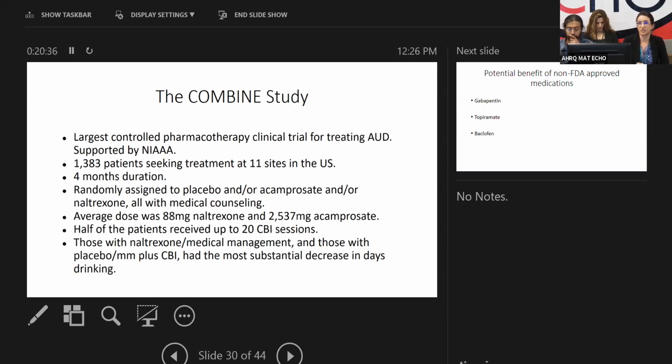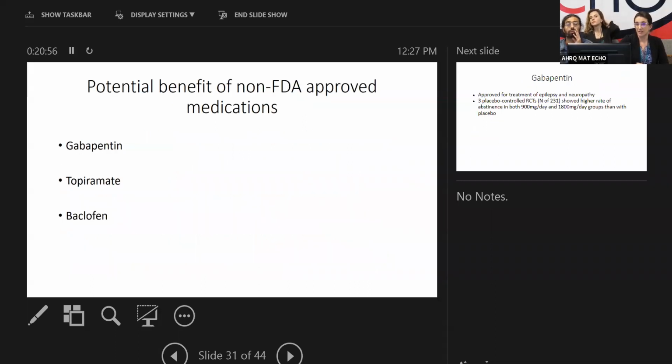And what it really showed was that naltrexone alone, within the context of the medical visit, and cognitive behavioral with placebo had the most substantial decrease. And so this was a good evidence that providers in a primary care setting can prescribe this medication with good effect.